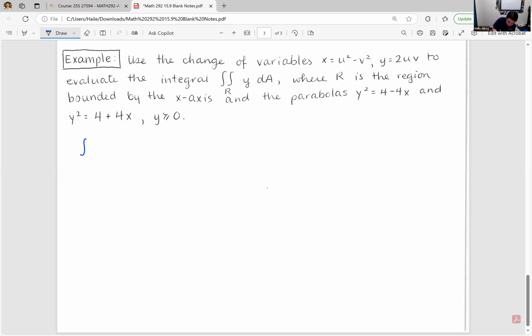So first I'm going to start with the double integral over R of y dA is equal to the double integral over S of 2uv, because that's what y is equal to, times the Jacobian of this transformation, du dv.